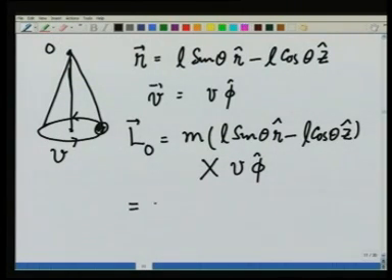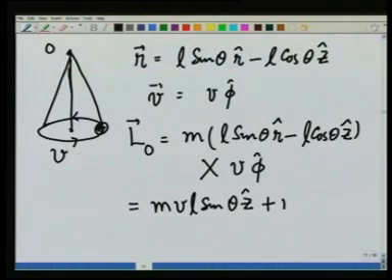So this comes out to be m v L sin theta z, and z cross phi is going to be minus r. You can check that. So this is going to be plus m v L cosine theta r unit vector.